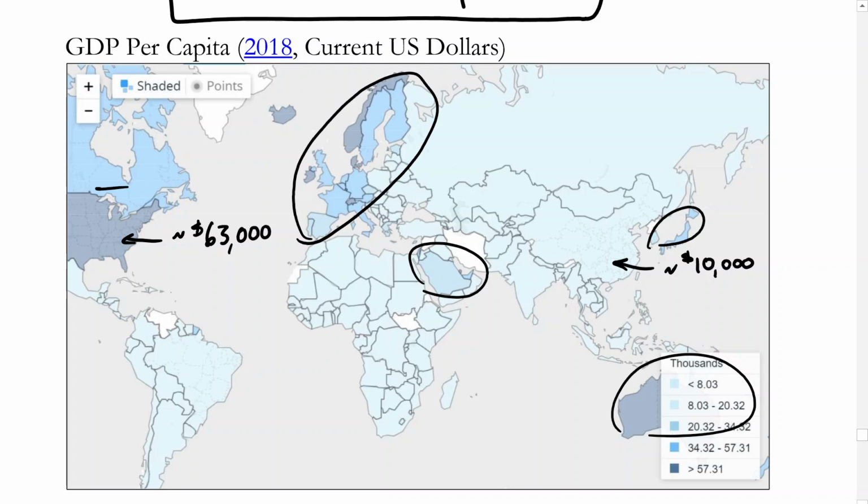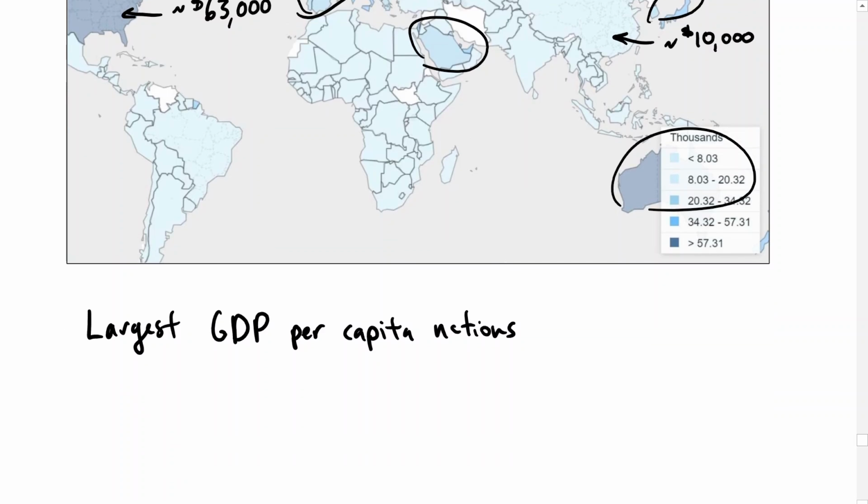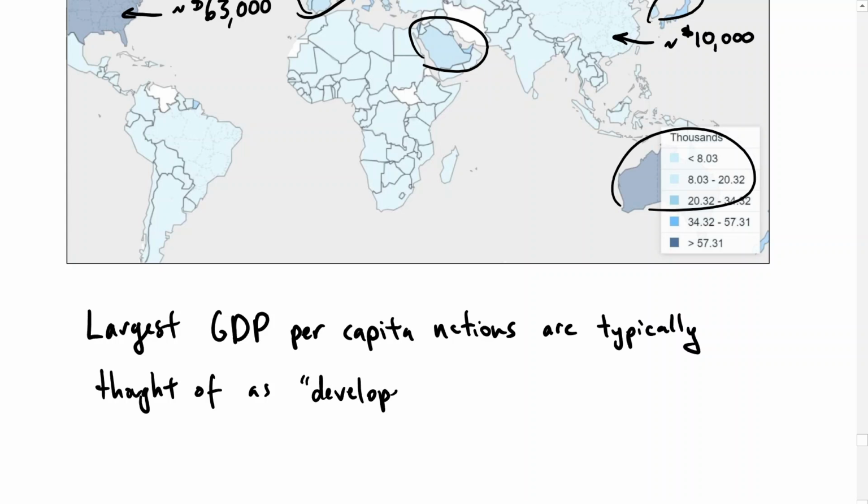But generally speaking, the largest GDP per capita nations are typically what we think of as the developed economies.